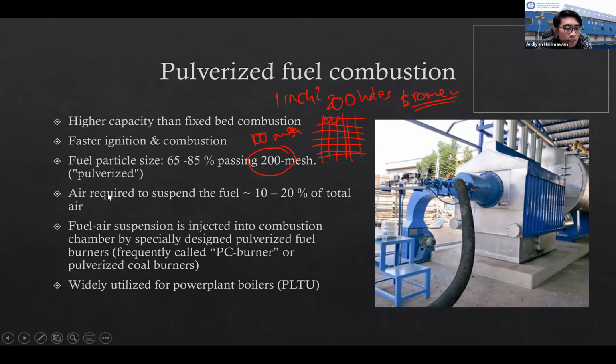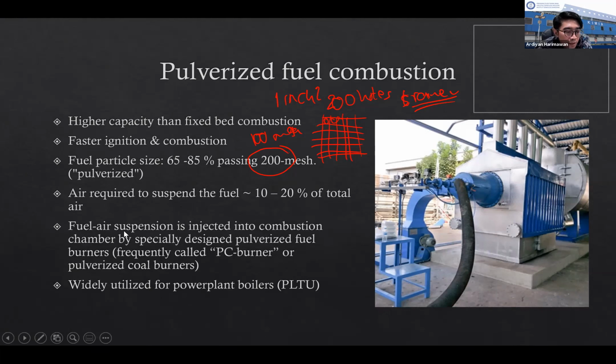we need to suspend the fuel. It means you need to put the particles into suspension mode. The air that is required to suspend the fuel is around 10 to 20% of the total air required for the combustion.